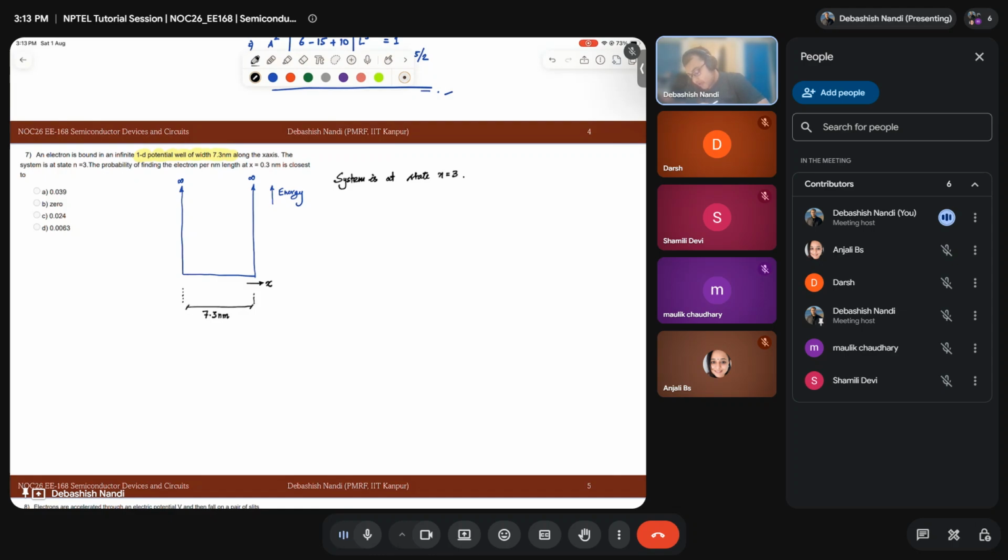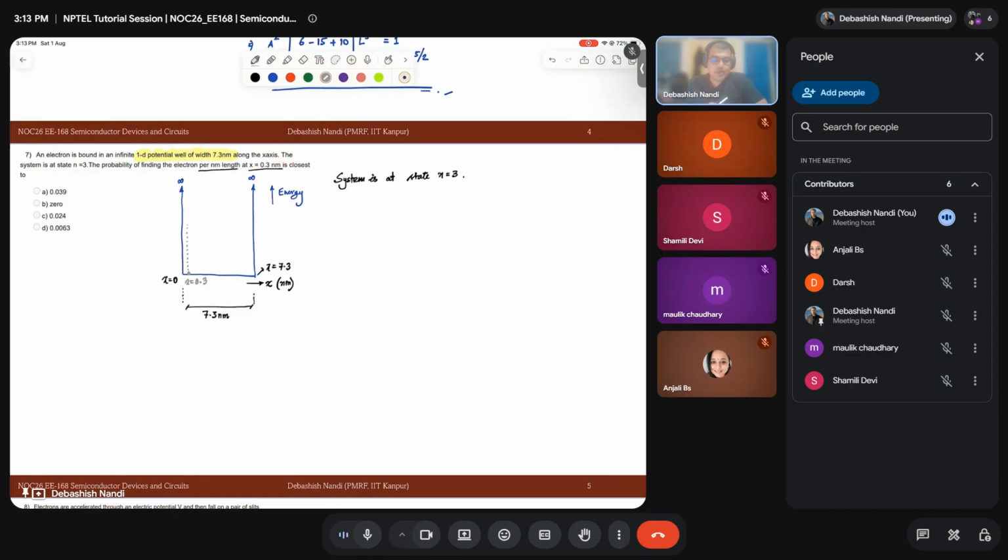The probability of finding the electron per nanometer length at x equal to 3 nanometer. Let me put this is 0 and this point is x equal to 7.3, let's say the unit is nanometer. So they are asking us to find the probability at some point here, right? At x equal to 0.3 when the system state is n equal to 3.